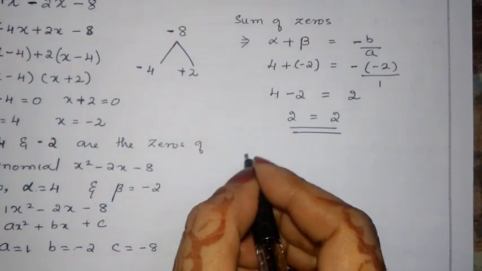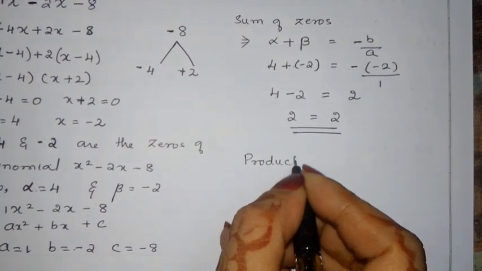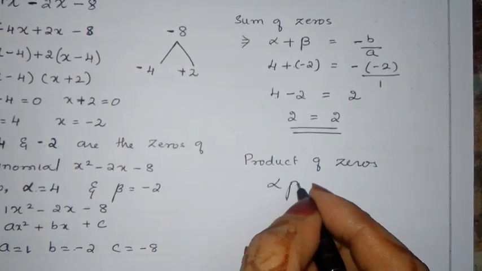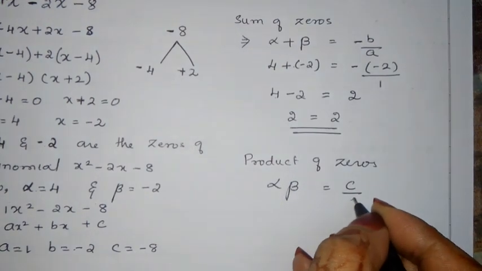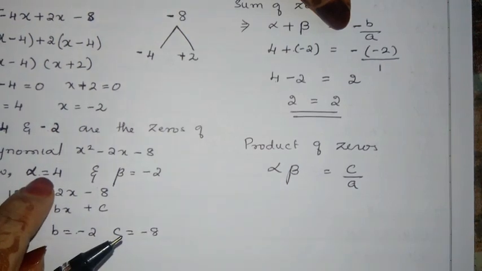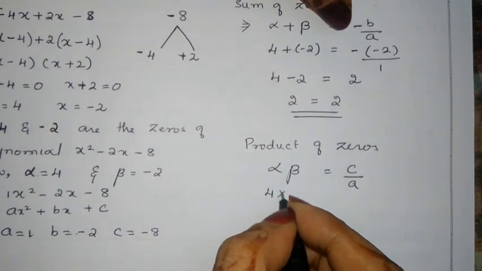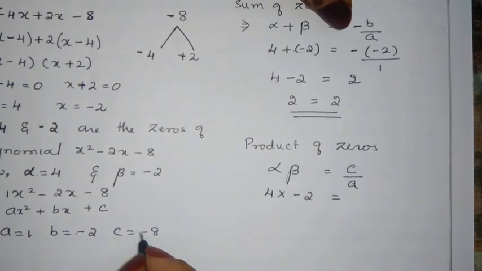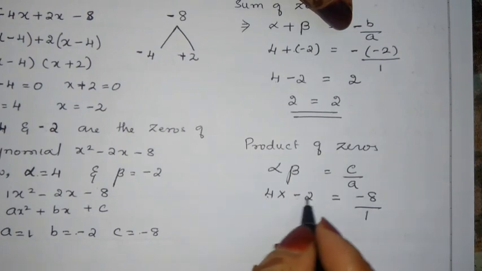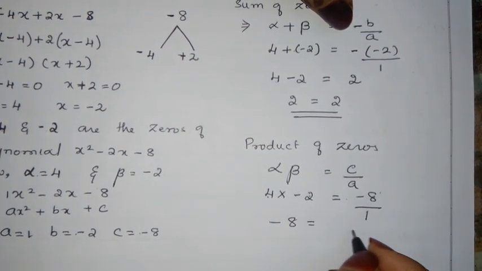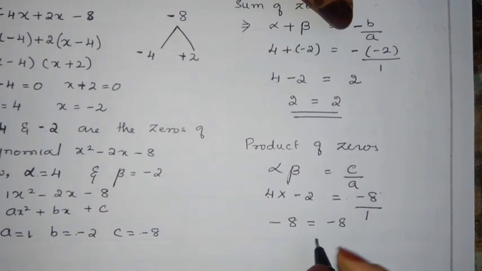Let us see the product of zeros. Alpha into beta is equal to c by a. This is the formula which we have to remember. Alpha value is 4, beta value is minus 2, c value is minus 8, a value is 1. 4 twos are minus 8, and minus 8 upon 1 is minus 8 only.